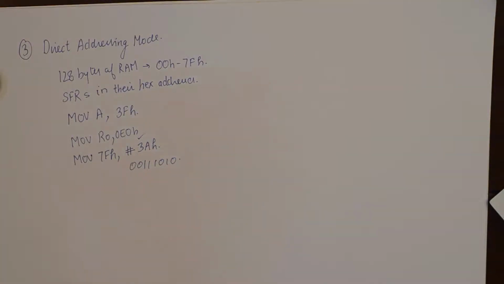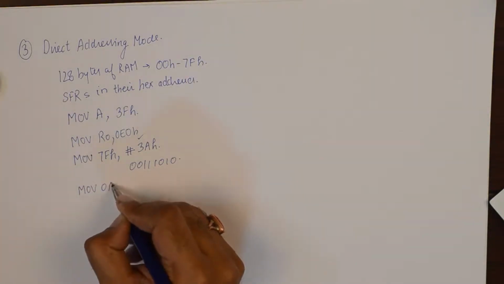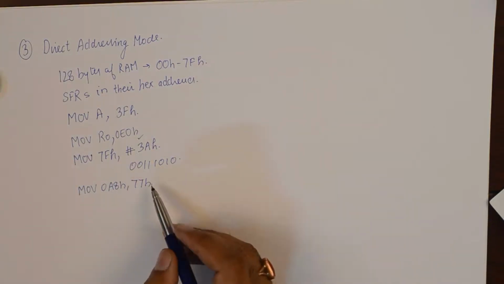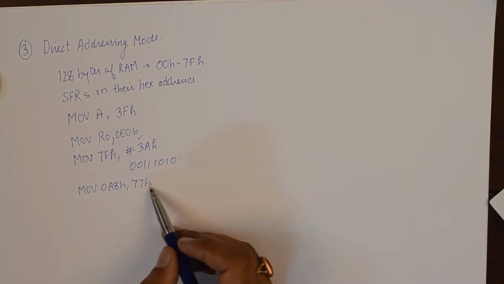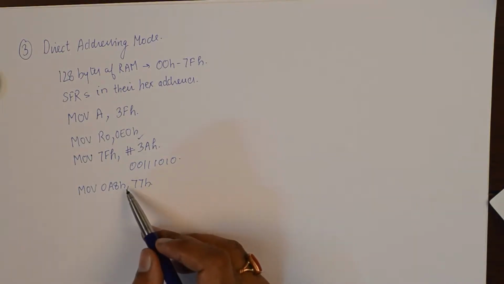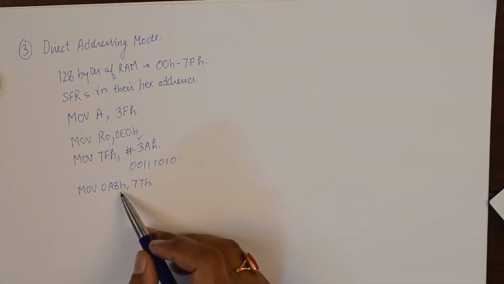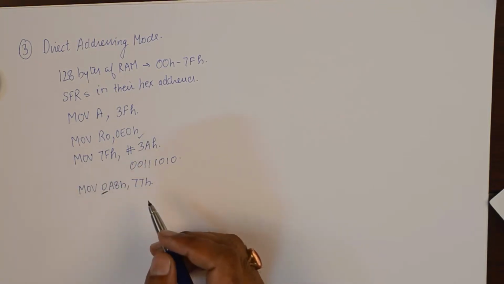But be careful about putting a 0. For example, this is another example where we are moving the contents of 77H into the special function register A8H. Now this 0 makes sure that it is not being considered as a label.